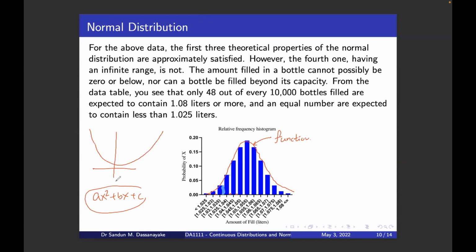Depending on the parametric values a, b, c, the position of this curve and how it looks can vary, and x is just the variable, right? So it's a generic equation that describes the quadratic function ax squared plus bx plus c, but you can't use that quadratic equation to describe any other function, right?